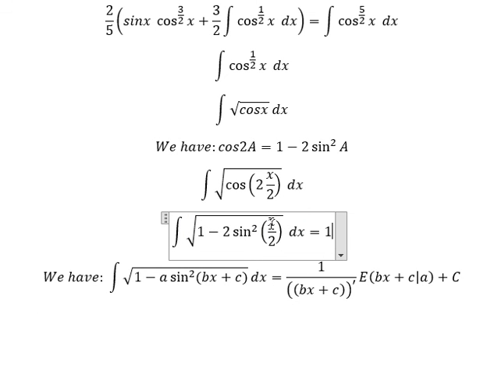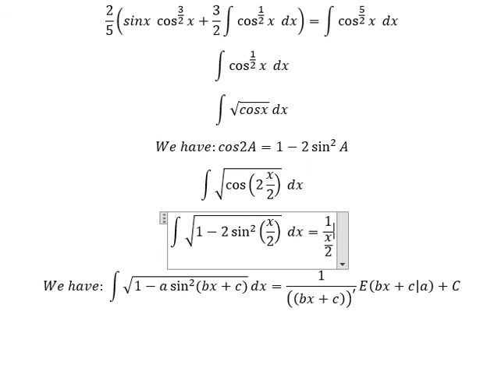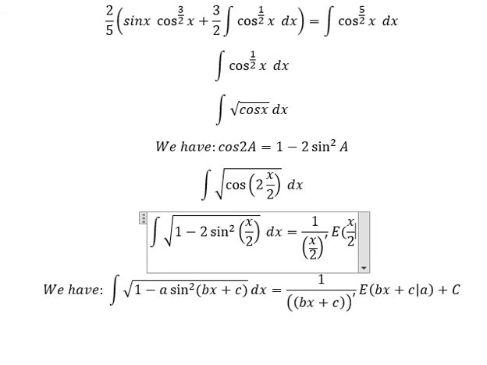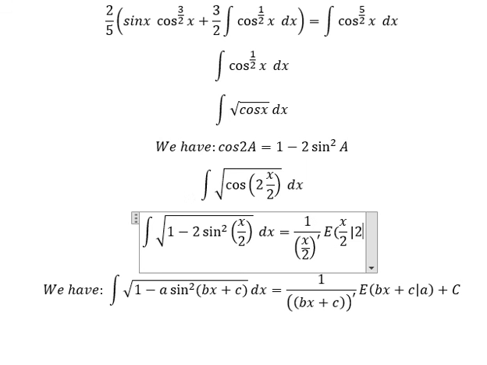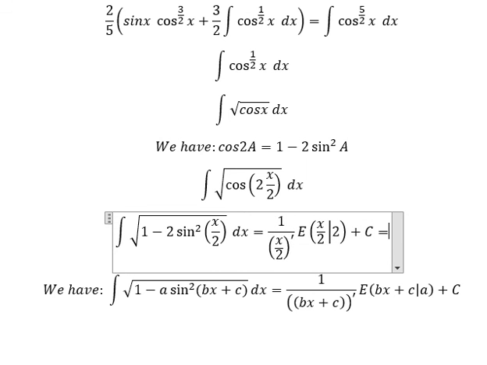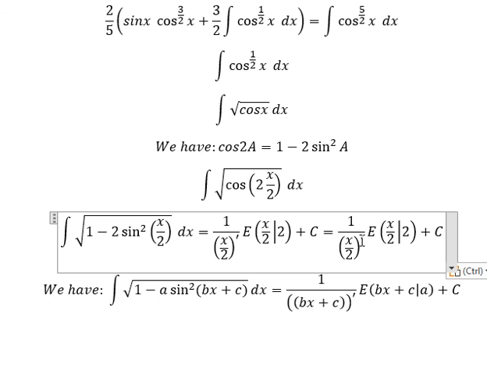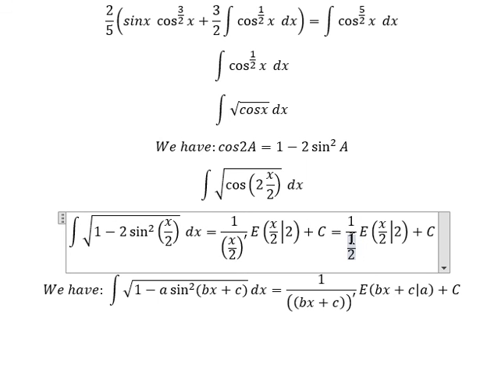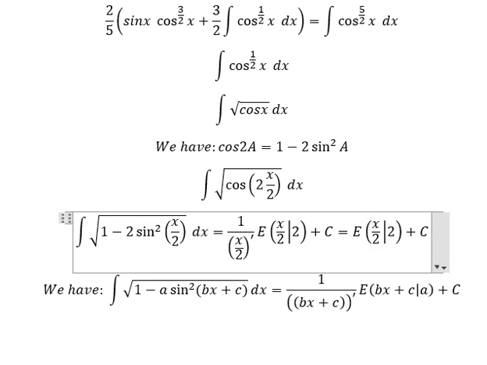Now we can apply the formula in here. This one we have 1 over 2. 1 divided by 1 over 2, we have number 2.